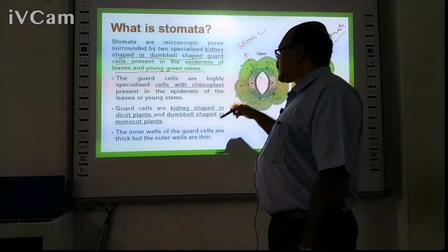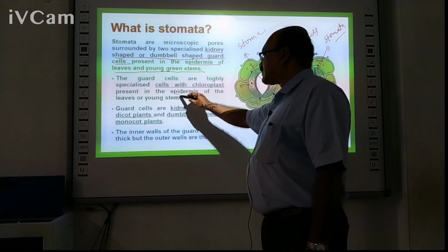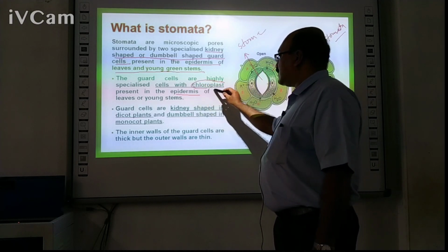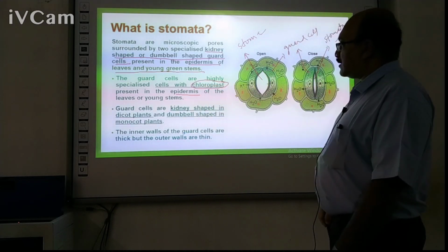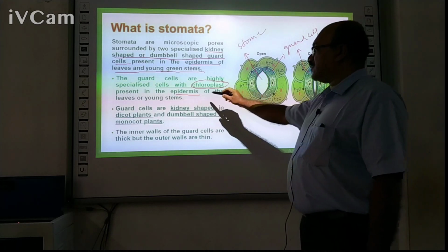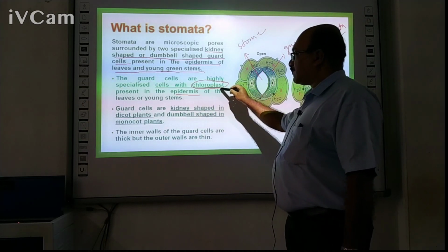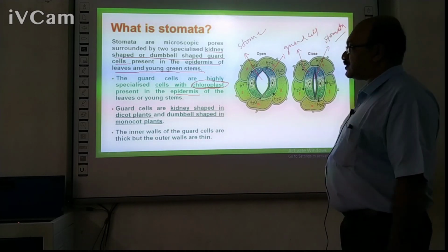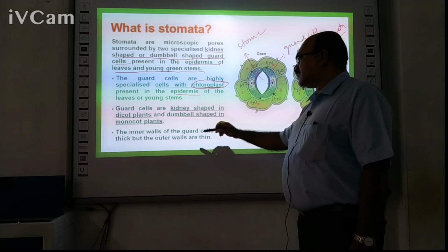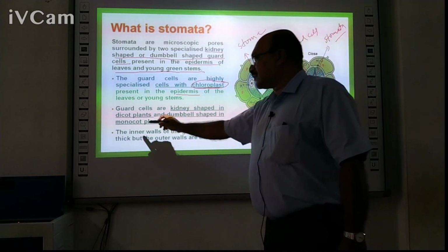Now these guard cells which are present in the epidermis of the leaves, they have the chloroplast. As we know, chloroplasts are necessary for trapping the solar energy. It contains the green pigment chlorophyll. It traps the solar energy. And these kidney-shaped guard cells are found in the dicot plants.